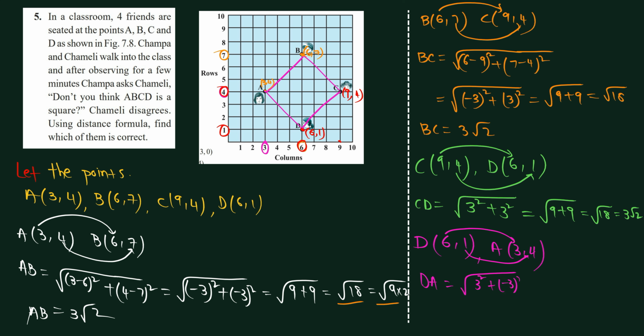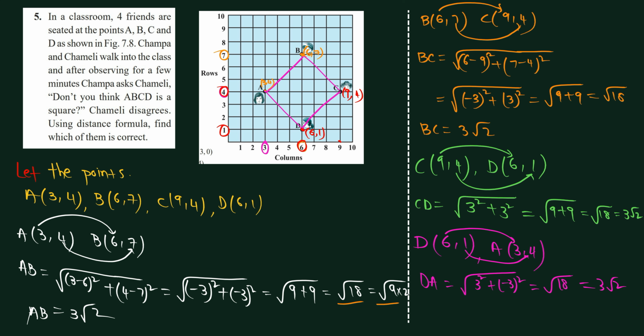So this is also you will get the same thing here, root 18. So this we can write as 3 root 2. Okay, so these are the values of AB, BC, CD, DA. All sides are giving same result, right? Same value means AB equal to BC equal to CD equal to DA, which is equal to 3 root 2.